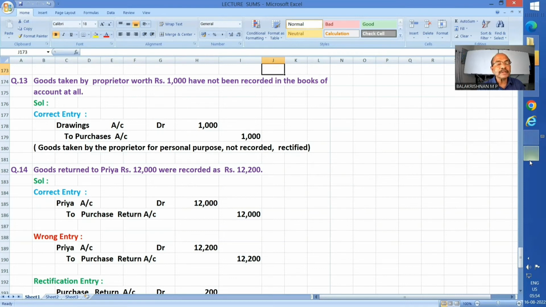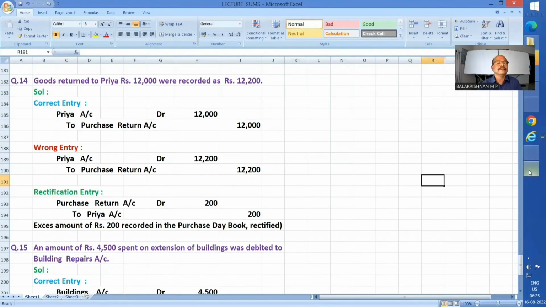So to get the correct purchase applied in the business, any purchase diverted for non-trading purpose has to be credited to purchase account so that the purchase originally debited will suitably get reduced. So the correct entry is drawings account debtor to purchase account. And our narration is goods taken by the proprietor for personal purpose, not recorded, rectified.